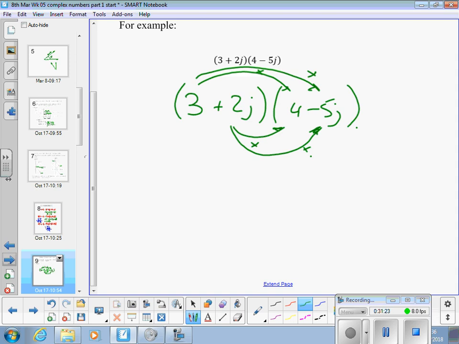So 3 times 4 is 12. 3 times minus 5j is minus 15j.